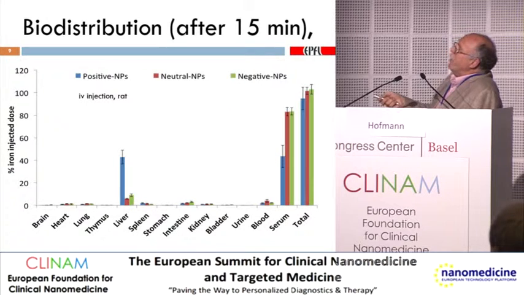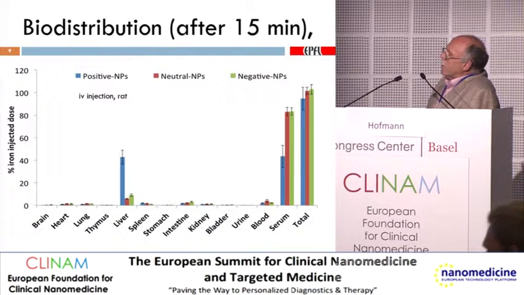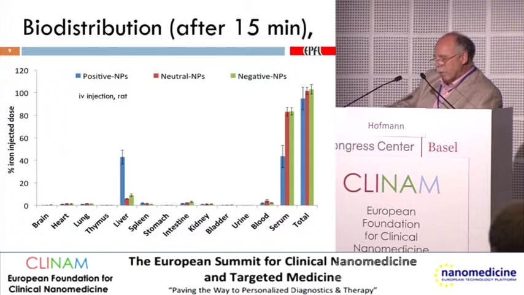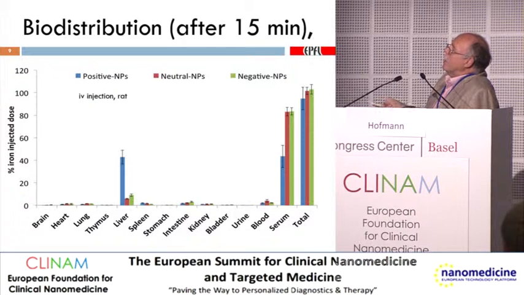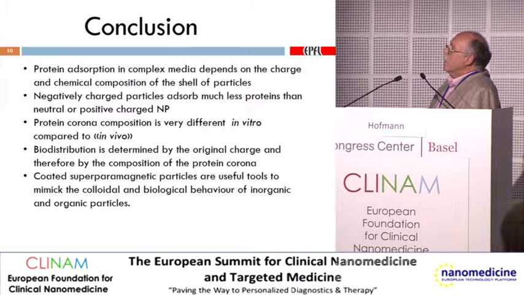But for the neutral and negative, sorry, you see most is still in the serum and in the circulation. It means with the charge we can influence the protein composition. With this, we can influence the biodistribution of the particles.